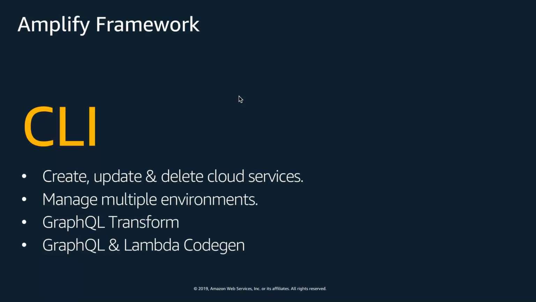And then you can create a new environment that will clone that existing environment, deploy the whole stack, make changes, and then merge your changes that were not part of the original stack into the original stack, and then delete your development stack. So you can create these feature deployments that allow you to test things out without affecting your main environment. We have GraphQL Transform and GraphQL CodeGen also built in.